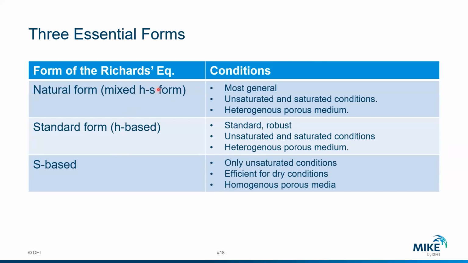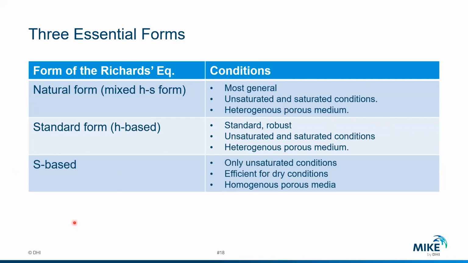In the mixed form, FEFLOW swaps these variables depending on the needs. It solves for head as the primary variable, or solves for saturation, depending on whether one or the other approach fails. It will just swap conditions. And this is also applicable for heterogeneous porous media and both saturated and unsaturated conditions.